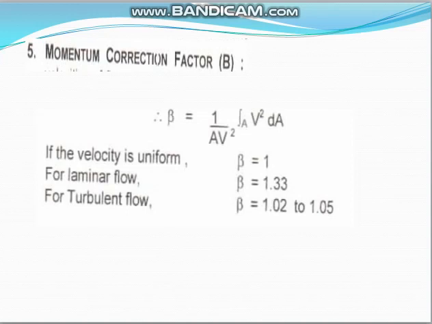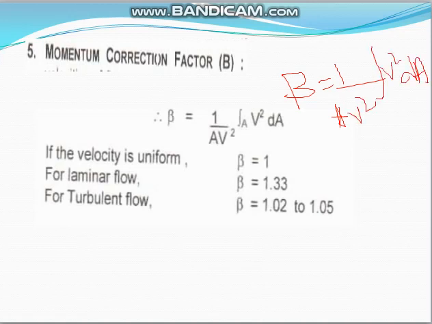Similarly, the momentum correction factor is also considered. The momentum correction factor beta is equal to 1 by A v squared, integration of v squared dA.